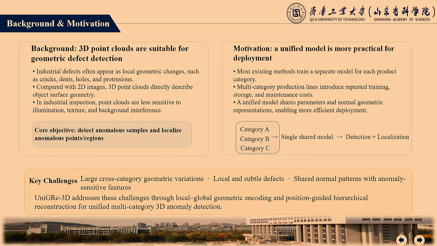First, I would like to introduce the research background and motivation. In industry inspection, product defects often appear as local geometric changes, such as cracks, dents, holes, and protrusions. Compared with traditional 2D images, 3D point clouds can directly describe the spatial structures of object surfaces.